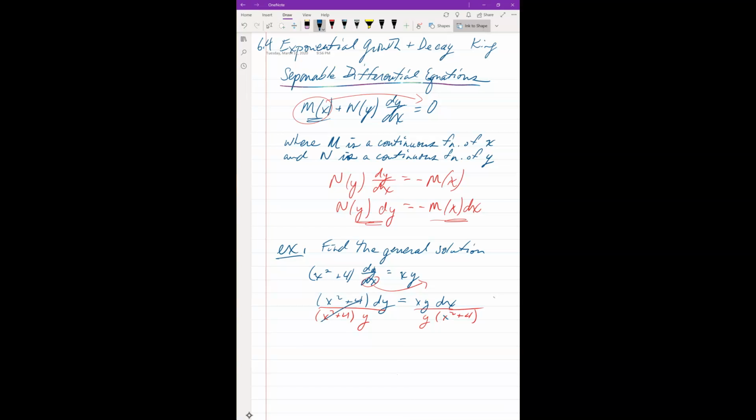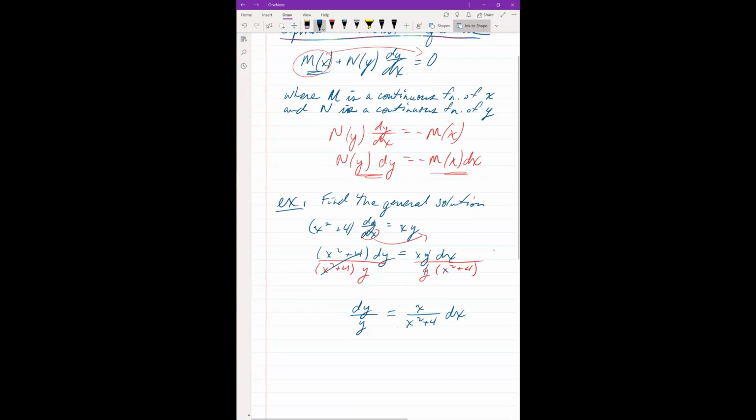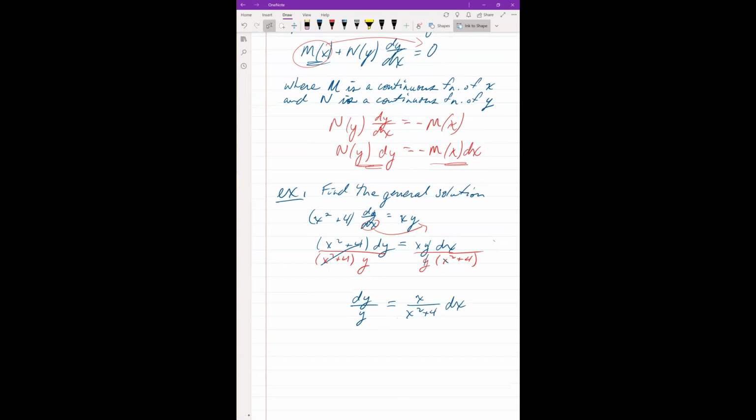These will cancel, and this leaves us with dy over y, a very familiar form. And then on the right side, we've got x over (x squared plus 4) dx, like so. And now we see, yes, indeed, we have a separable differential equation here.